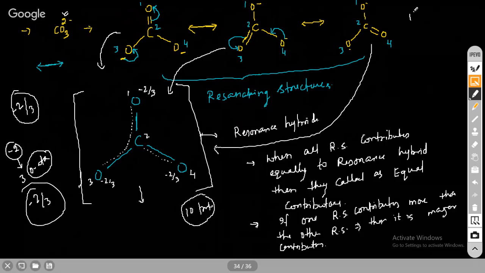If I have 15 rupees, and if I distribute this 15 rupees among 3 people equally, then each one of these will have what? 5, 5 and 5, right? Which is nothing but 15 by 3. So what we are doing here, we have total minus 2 charge, and we have distributed this minus 2 charge onto 3 oxygen atoms equally. So each oxygen atom will then have minus 2 by 3 charge. That is what we are doing. Okay.